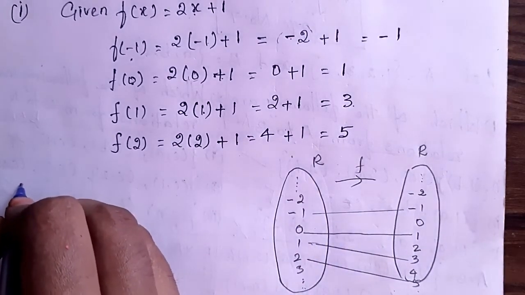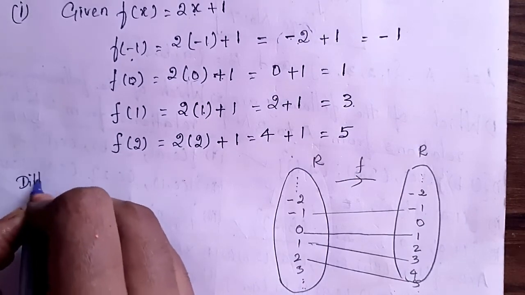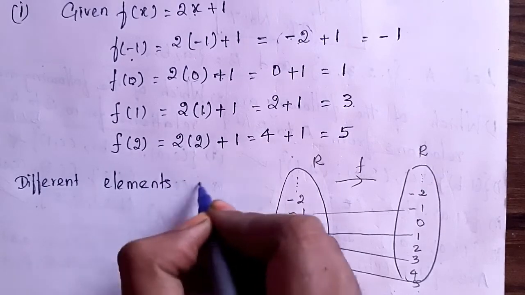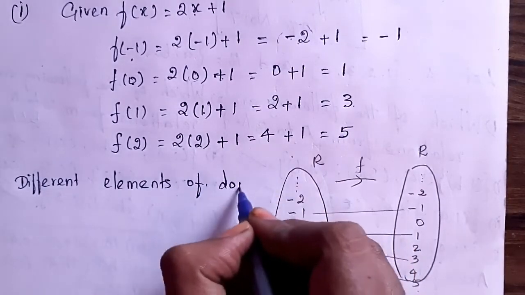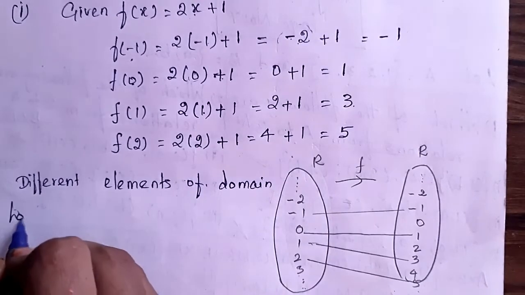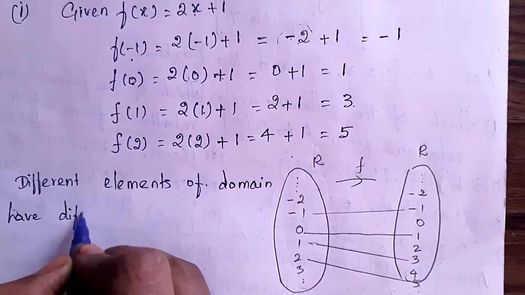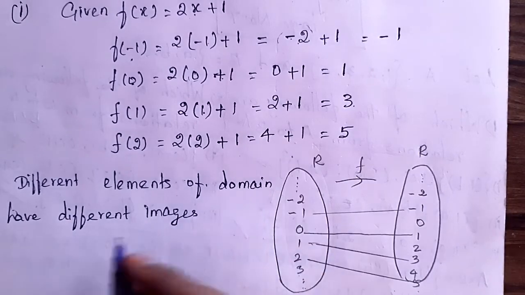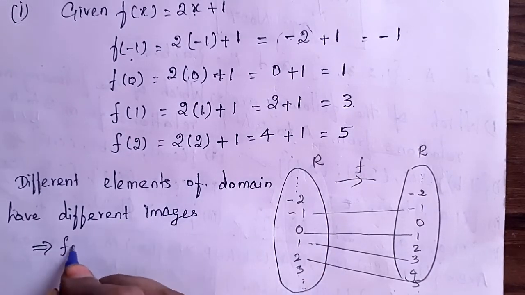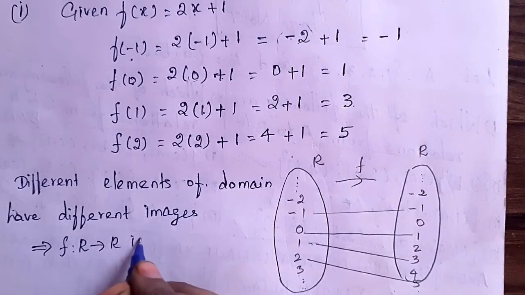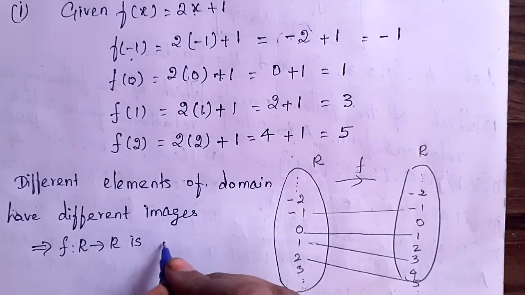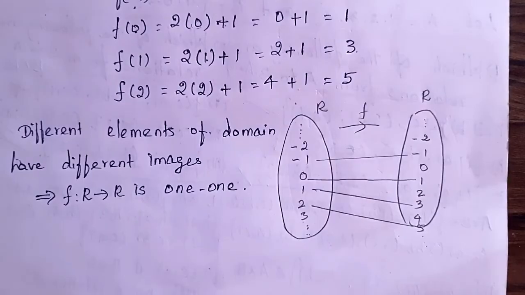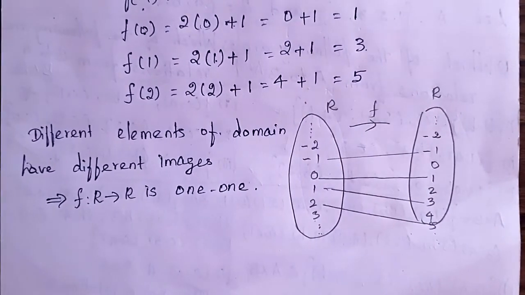So I can write as: different elements of the domain have different images. That implies f from R to R is 1-to-1 function. Next we can check whether it is onto or not.